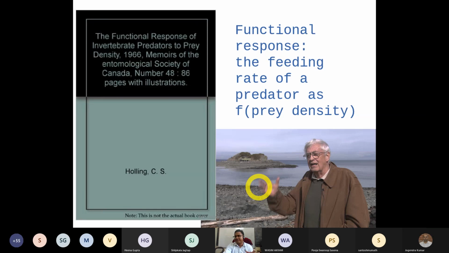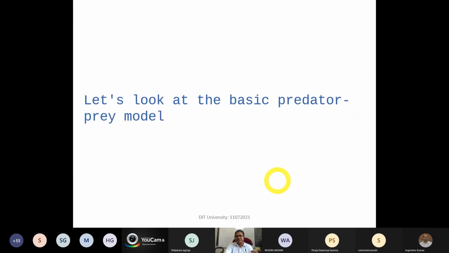He suggested that the feeding rate of the predator does not depend totally on the carrying capacity or environment capacity; it might be a function of prey density. That's why the whole mathematical ecology world is very grateful to Professor C.S. Holling. Anyway, let's look at the basic predator-prey model.